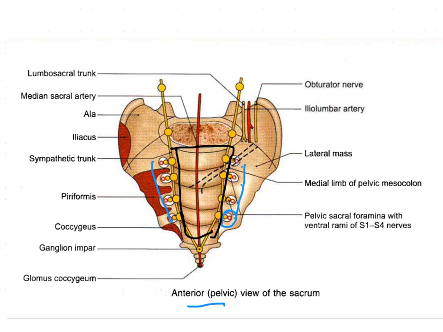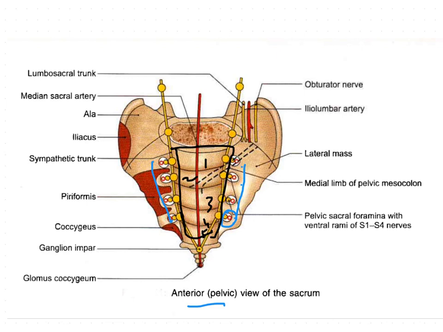Here you can see the bodies: 1, 2, 3, 4 and 5. So the bodies of all the sacral vertebrae form this median area, and in between each body there will be a line of fusion of the sacral vertebrae, seen as raised transverse ridges.